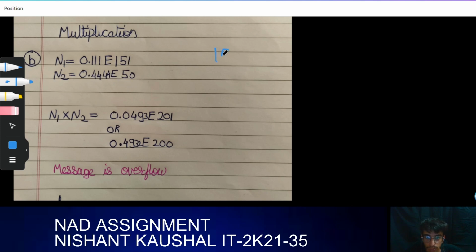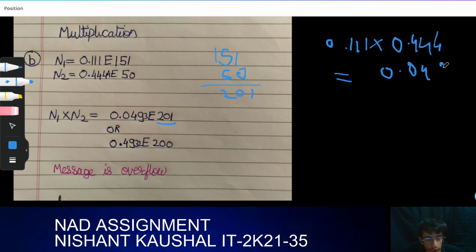So 151 plus 50 will be what? 201. So 201 is written directly, and if we multiply 0.111 with 0.444, this data will be 0.0493. So this number could be written as 0.0493 e201.